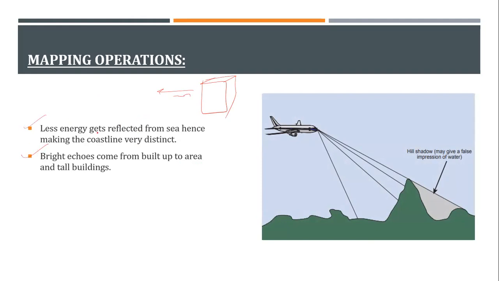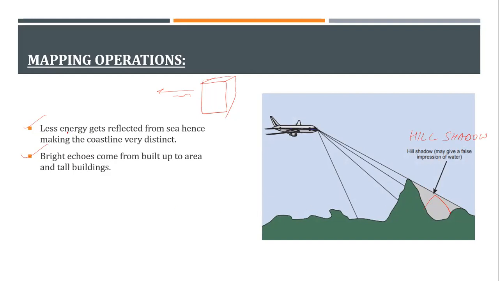And there is one more interesting thing which I've already told you. Suppose there is a mountain you are scanning, and behind it there is another mountain. Because the hill is blocking the path of these radio waves, this area is known as hill shadow. Because it is a hill shadow area and we are getting no returns, the screen will show black, and black indicates no return or a water body.